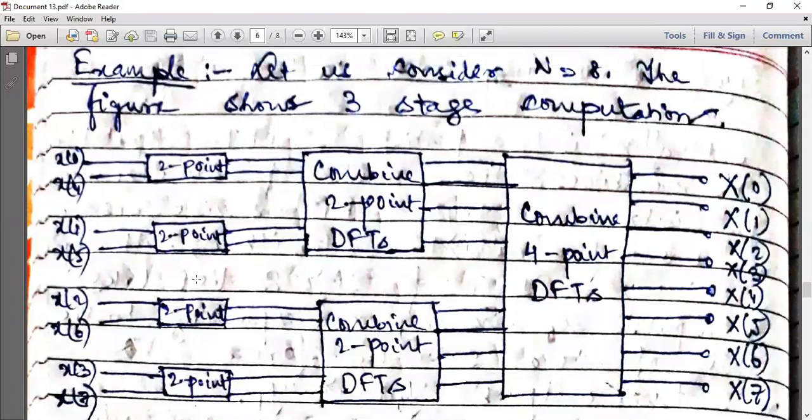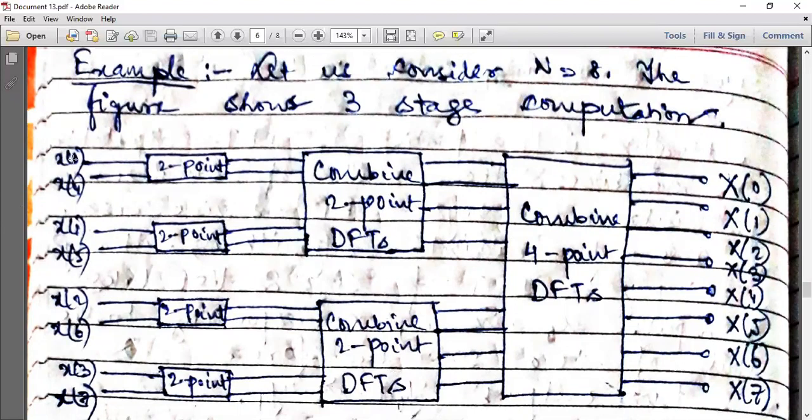So in these 3 stages, you see, I have written first, in the first stage there are 4 2-point. In the second stage, I have combined 2 2-points, and in the third stage I have combined the 4 points.